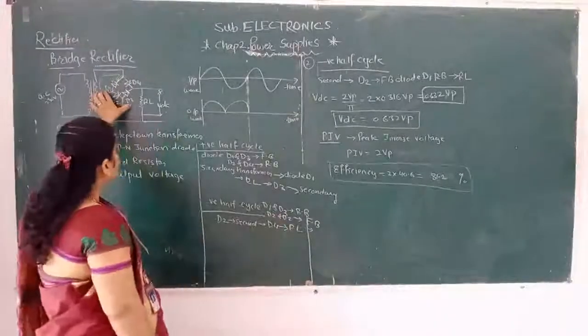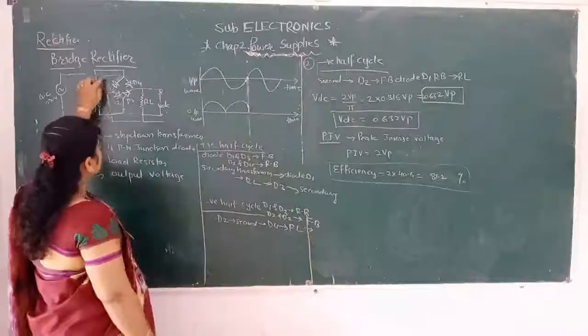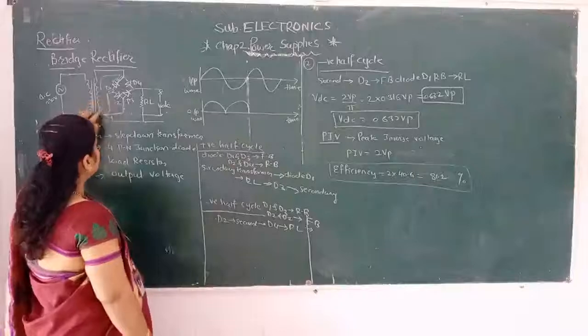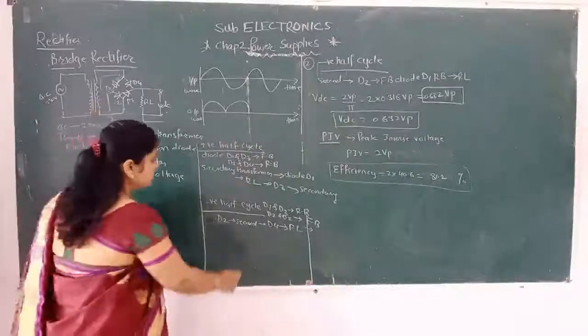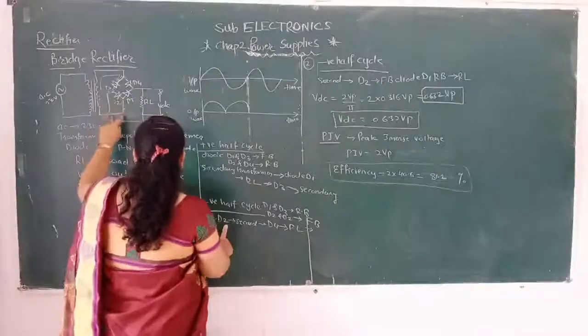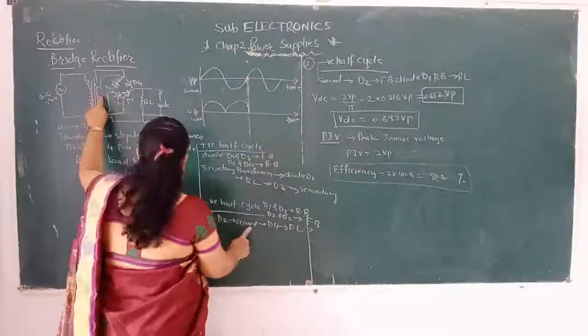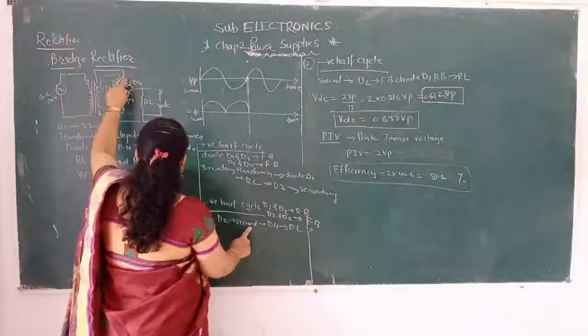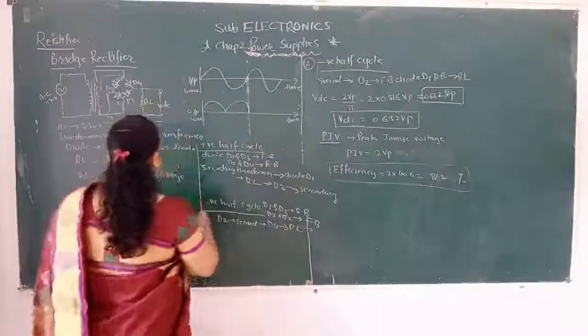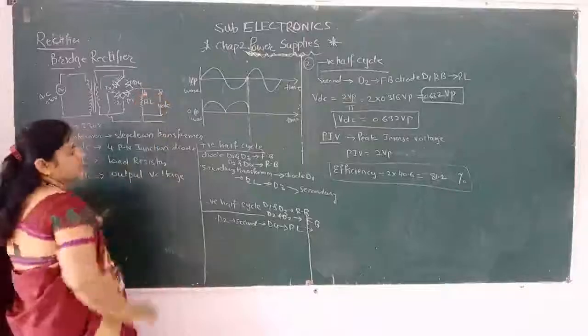Okay, so current will flow through diode D4, load resistance, D2, and secondary. From diode D2 it is connected to the secondary of the winding, and from the secondary to diode D4, and it will come across this load resistance RL.